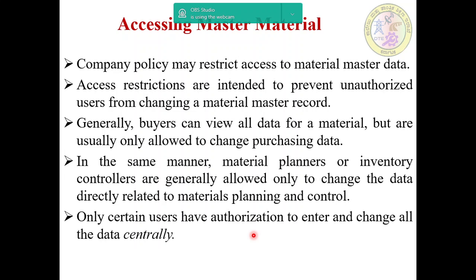In the same manner, material planners or inventory controllers are generally allowed only to change the data directly related to materials planning and control. Only certain users have authorization to enter and change all data centrally, not all users.